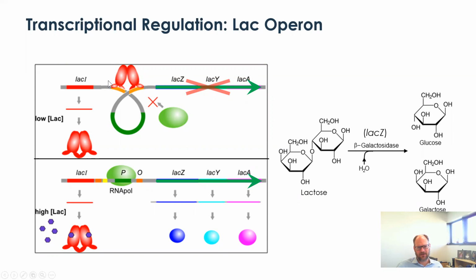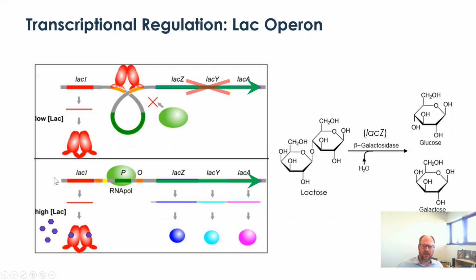LacI binds to this point and then prevents the transcription of this operon. However, when allolactose, which is a side product of the beta-galactosidase reaction, binds to this repressor, it releases that repression and allows the entire operon to be transcribed, which includes the production of the enzyme beta-galactosidase, the permease enzyme, and the acetyltransferase enzyme.